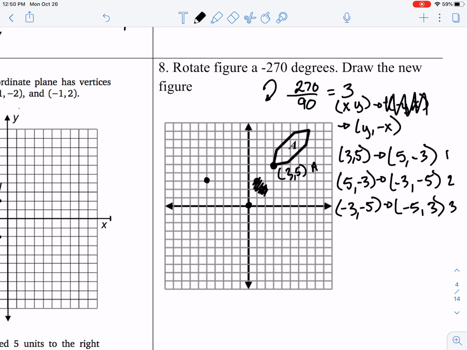Another way you can think of this, and I may be getting ready to confuse you a little bit, is that this is making right angles, right? To get to that point, I had to go over 3, up 5.